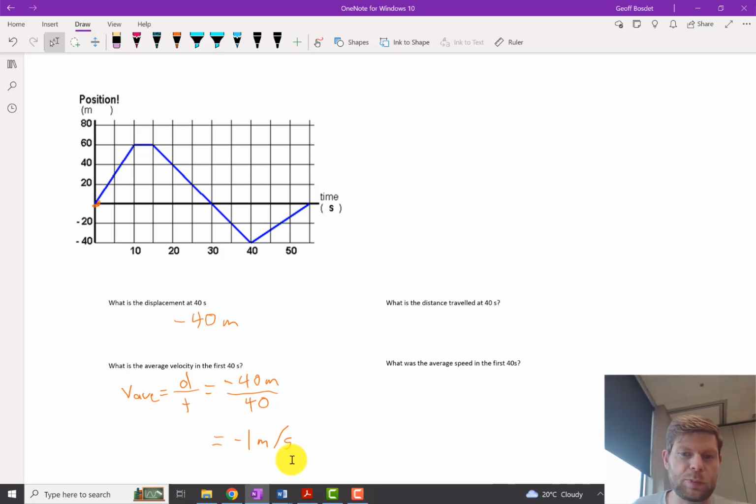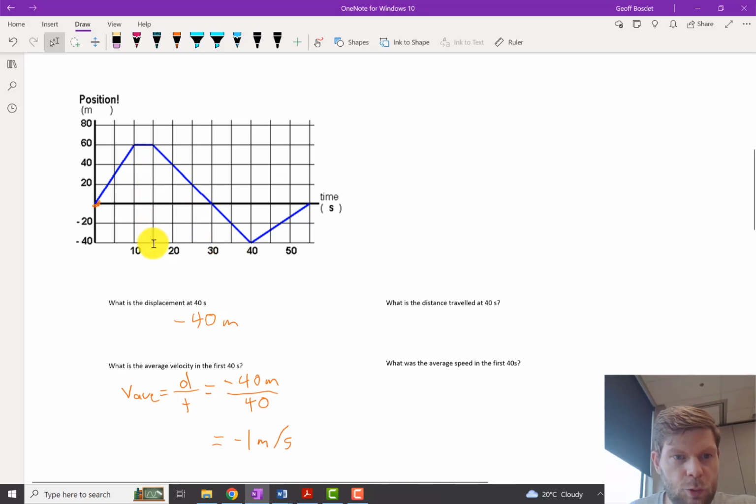Now, what's the difference between displacement and distance? With distance, we don't care about which direction we're going. So the fact that we went 60 meters in the positive direction, then another 60 meters in the negative direction, and then another 40 meters in the negative direction, we're just going to count it all as distance run. So I went 60 meters in the positive direction, and then 100 meters in the negative direction from there.